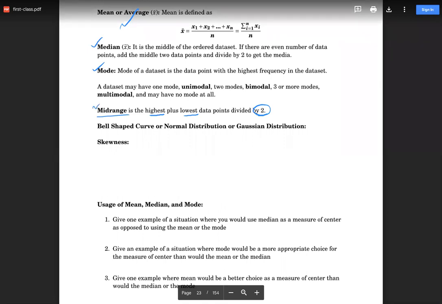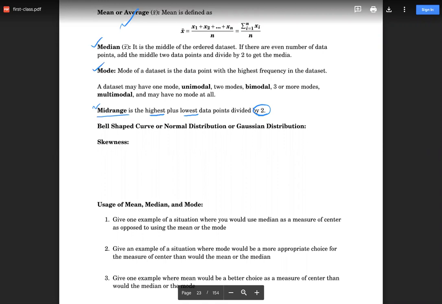That means homogeneous data, where there is not too much distance between data points. They are not sparse, not spread out. Mid-range is highest plus lowest divided by 2.